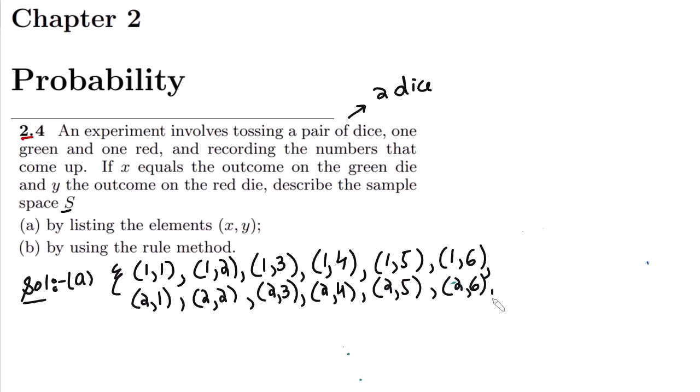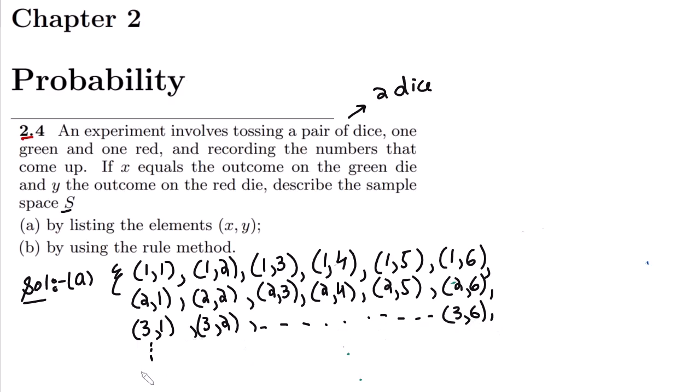(2,6). Similarly, when X is 3, it is (3,1), then (3,2), and up to (3,6).